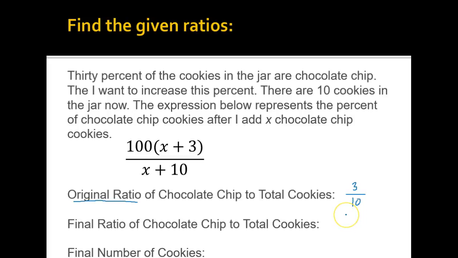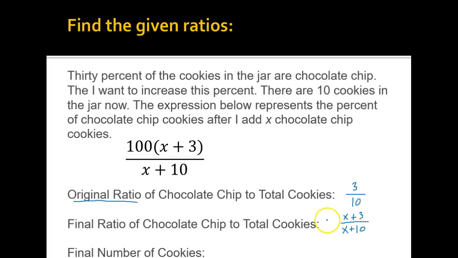Now what I'm going to do is add cookies to the jar, and all the cookies I add are going to be chocolate chip cookies. So as I add cookies to the 10 cookies, I'm not going to specify how many, so I'll just say X. Since they're all chocolate chip, the total number of chocolate chip cookies is going to be X plus 3, and the total number of cookies is going to be X plus 10.